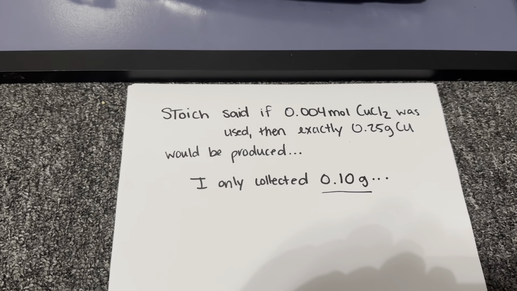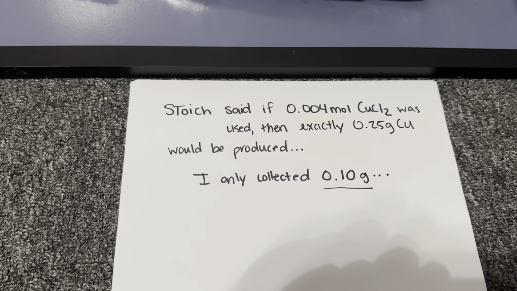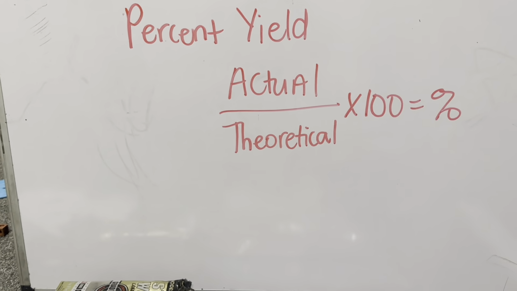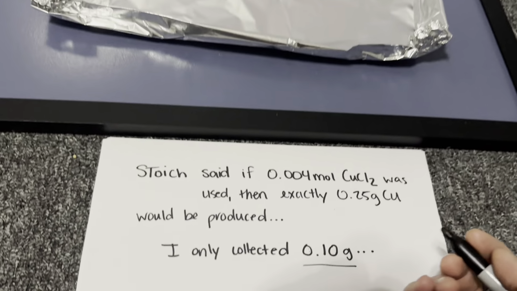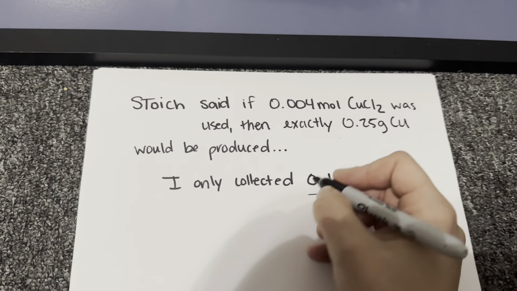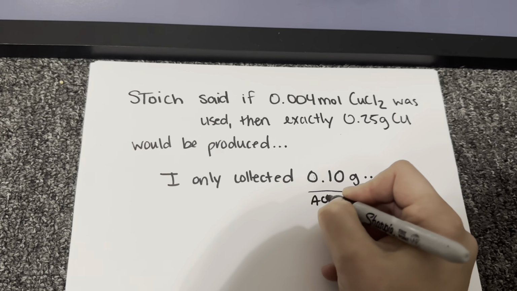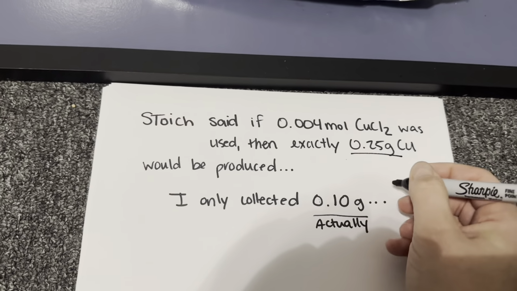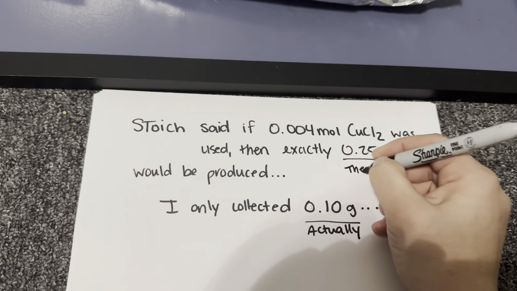In that instance, the experimental will be what you actually collected. But I like to use the term actual as in what I actually got, and theoretical as in what in a perfect world we should have gotten. So this one would be my actual. This is what I actually pulled out of my beaker. This would be my theoretical. This one is in the perfect world.